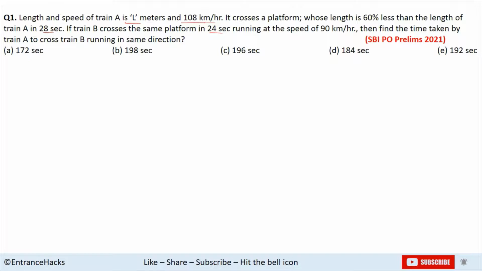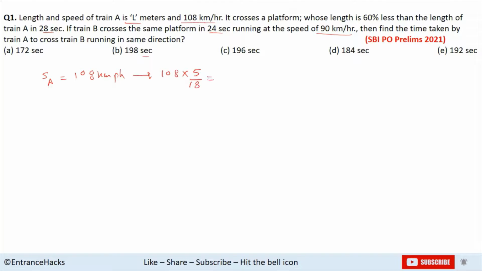So we'll take just one unit, as the answer is also in seconds. We'll convert the speeds of A and B to meter per second. Speed of A is 108 kmph, which can be converted to meter per second by multiplying by 5 by 18.